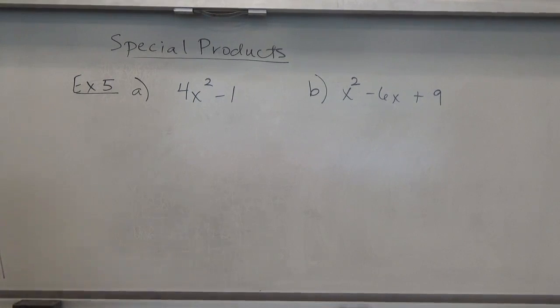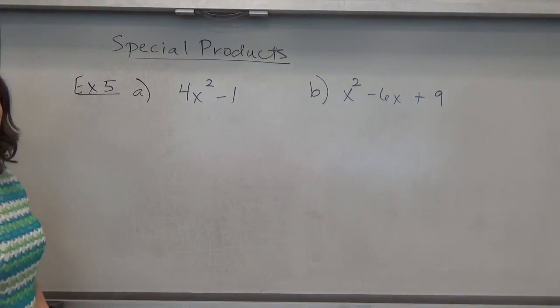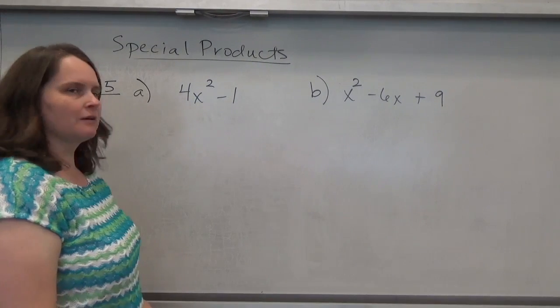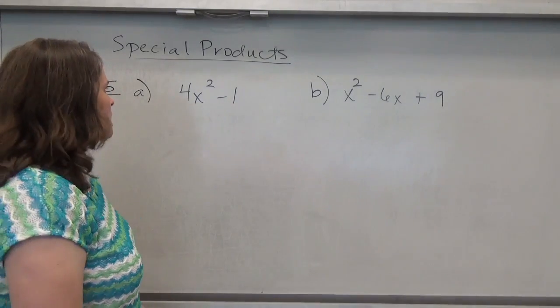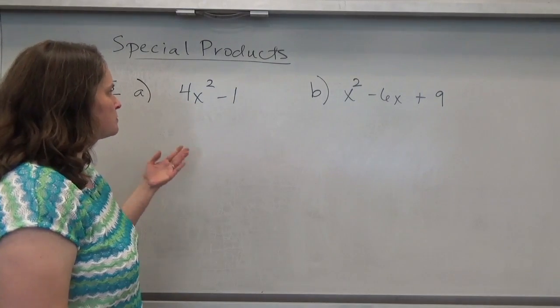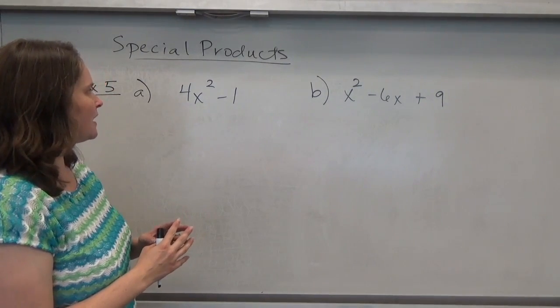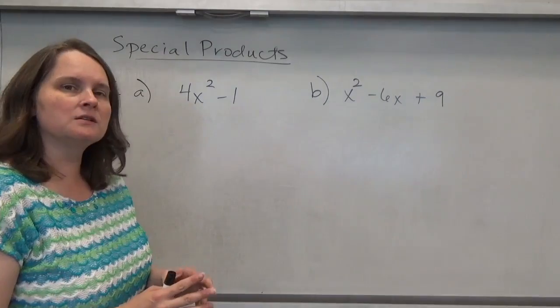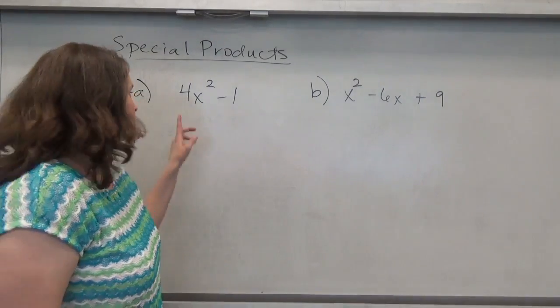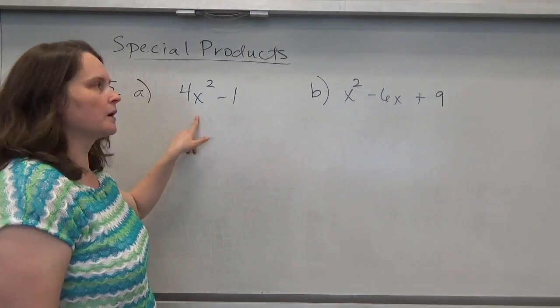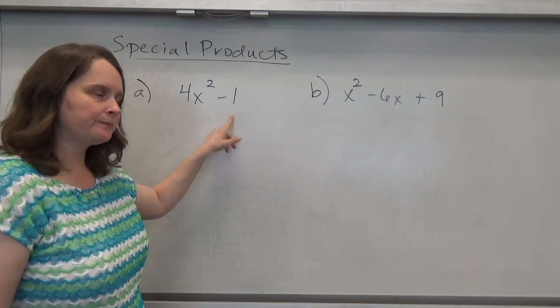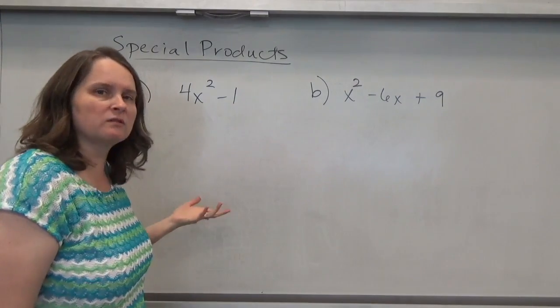All right, in example 5, we are asked to factor using the special products. In part A, we've got 4x squared minus 1. When you approach this problem, you need to make sure that you can identify those perfect squares. You need to immediately recognize that 4x squared is a perfect square, and 1 is a perfect square. If you can do that, then you can factor it.